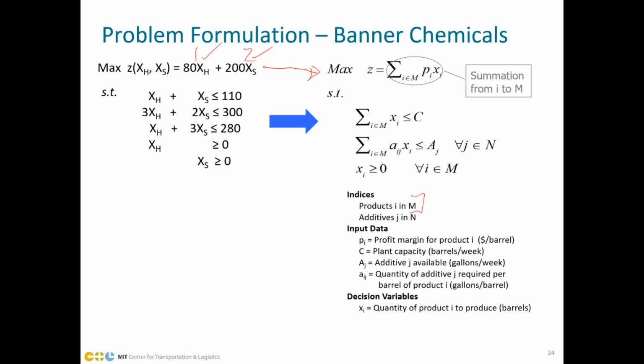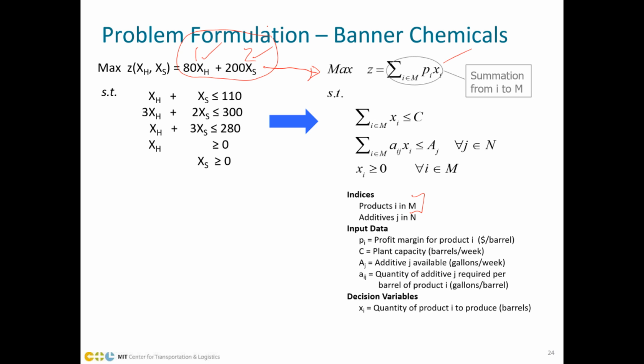I do this because I could represent 1,000 products in my objective function with this exact same formulation. I wouldn't have to write anything more. In this explicit formulation that we've been using, I would have to write each one out, and it really doesn't give me any more information. So you read this as maximize z is the summation of pi xi. Okay, so that's the objective function.